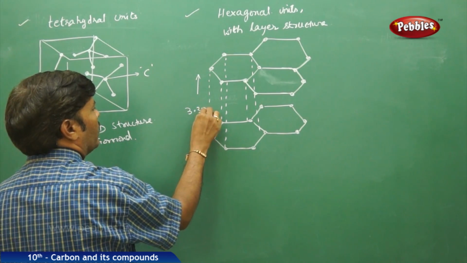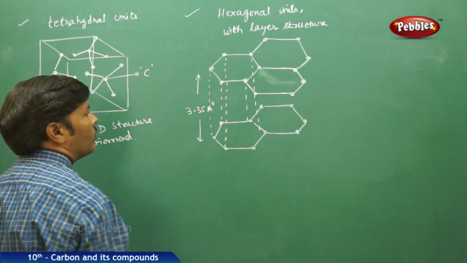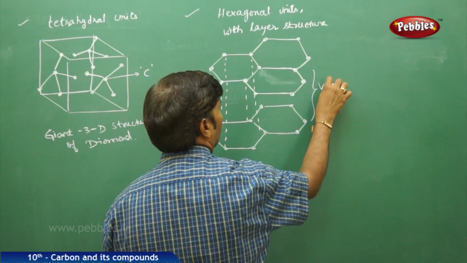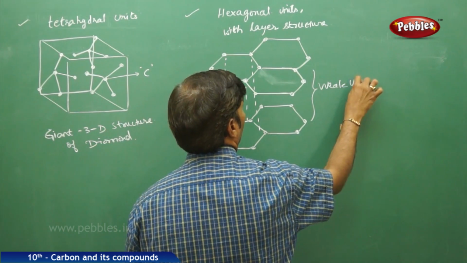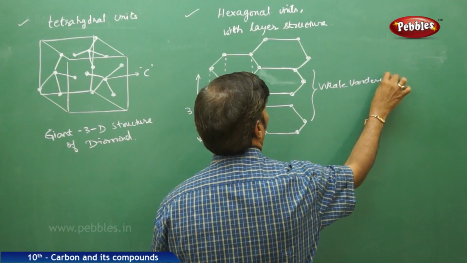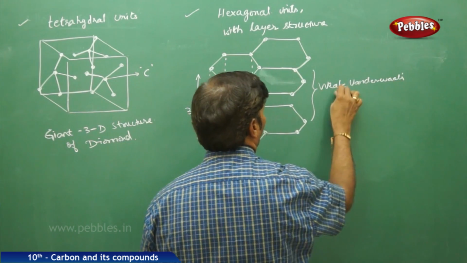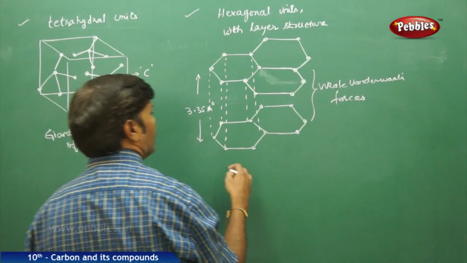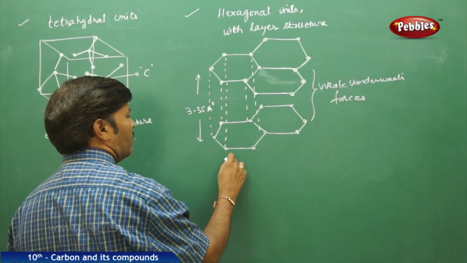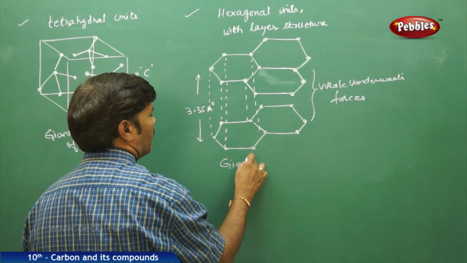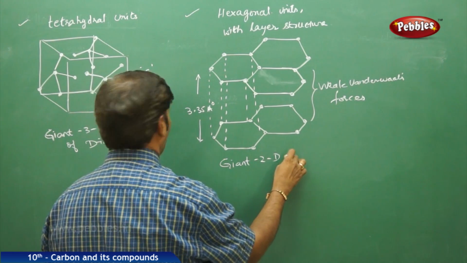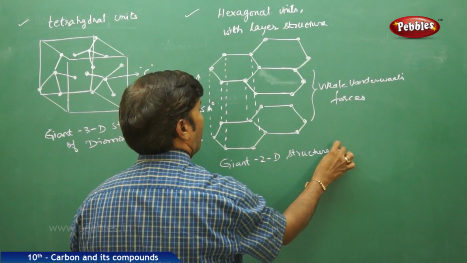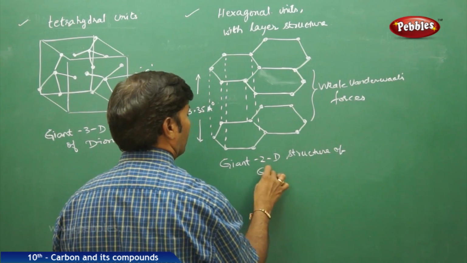The distance between the two layers is given by 3.35 angstroms, and these layers are separated by weak van der Waals forces, and that's the reason this is giant two-dimensional structure of graphite.